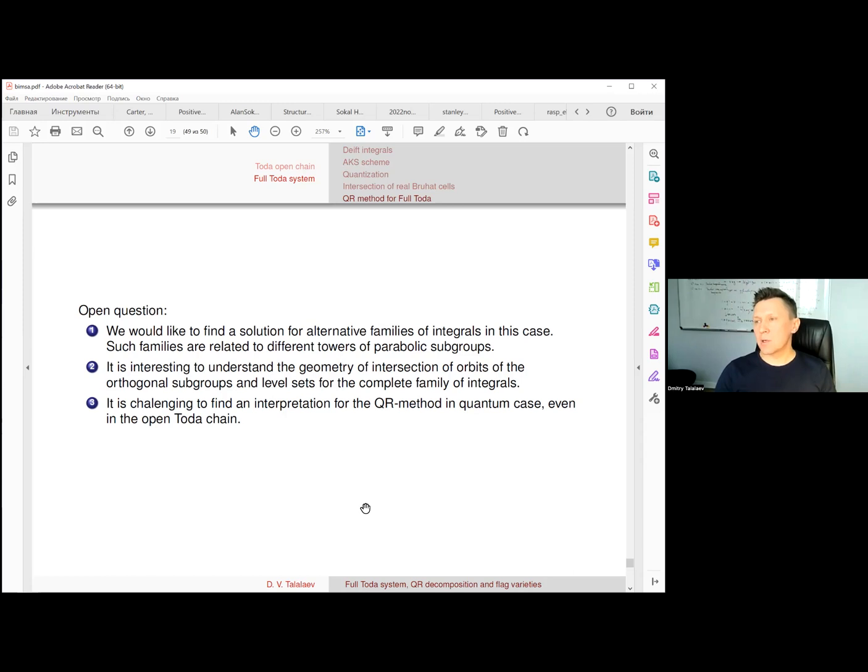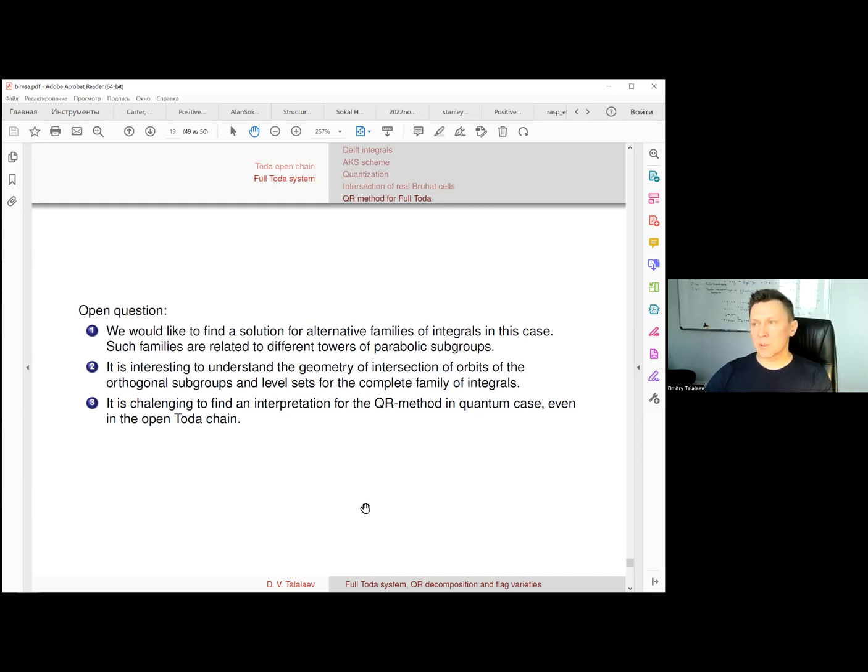The Toda family is a part of them. There are many others which are related with towers of parabolic subgroups. So the first question is to find solutions for alternative families of integrals in this case.